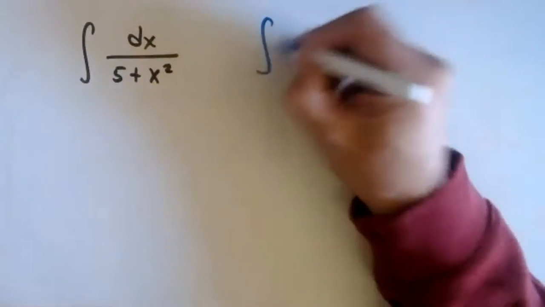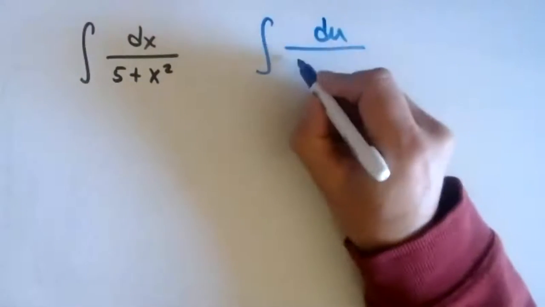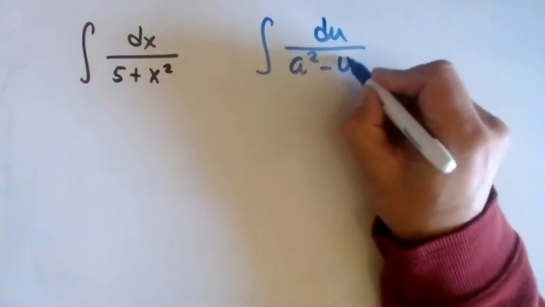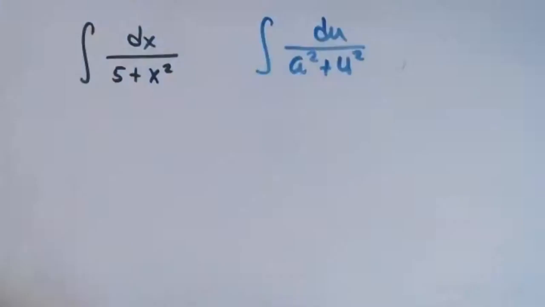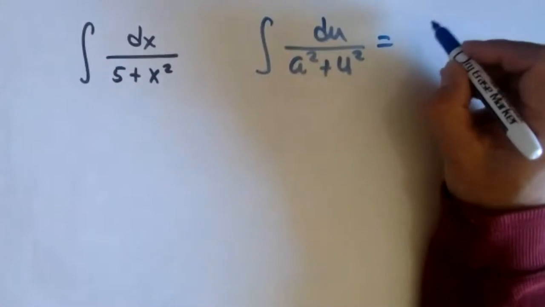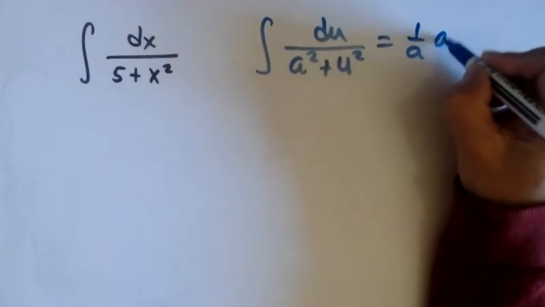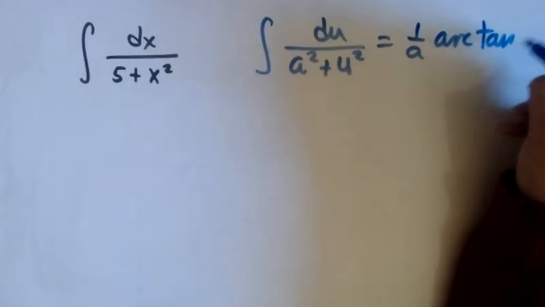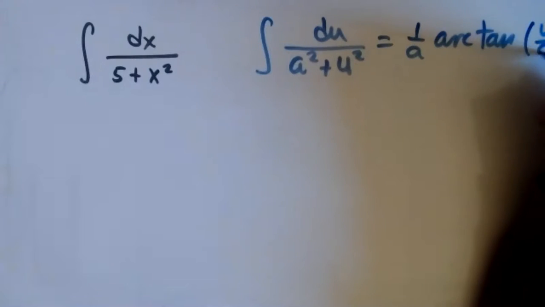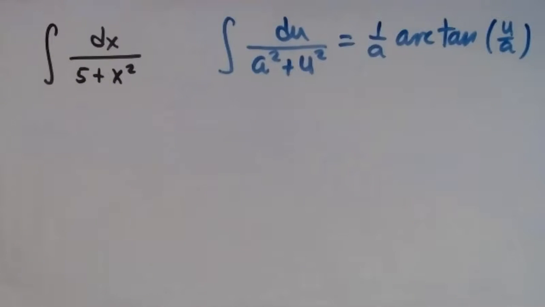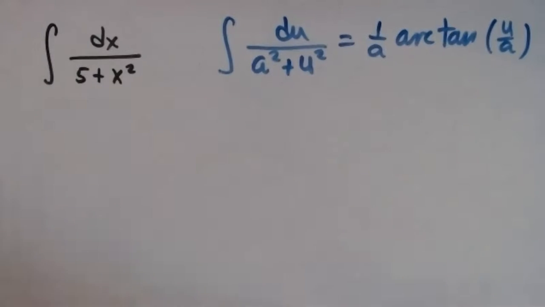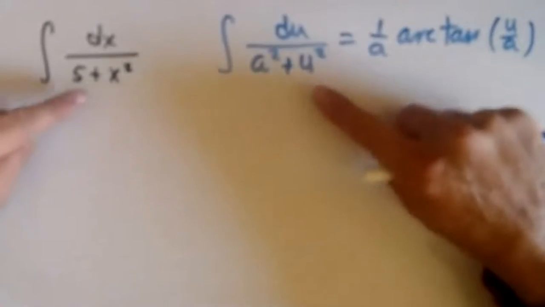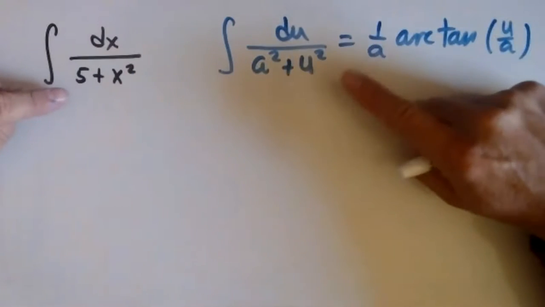It's the integral of du over a squared plus u squared, and this equals 1 over a times the arc tangent of u over a. That's the formula I'm going to use, correct? Now, if I match this integral with this one, I know the answer. This is the plus, so they look very fine, right?